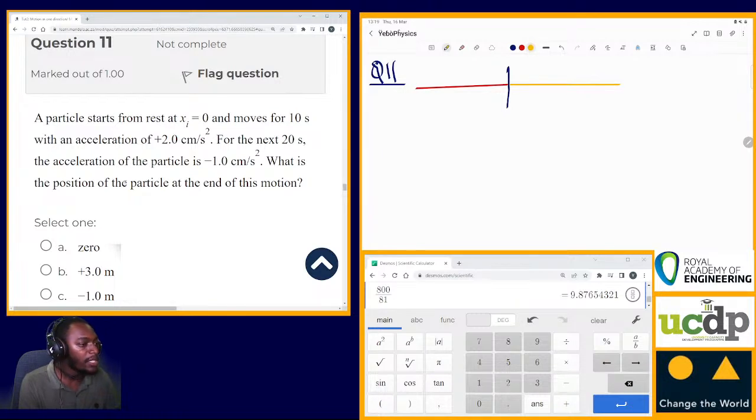On the first part, at x equals x_i, it moves for 10 seconds, so the time it takes to complete the first part of the journey is 10 seconds, with an acceleration of +2 centimeters per second squared.